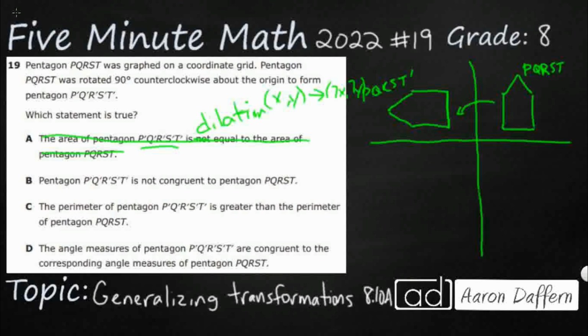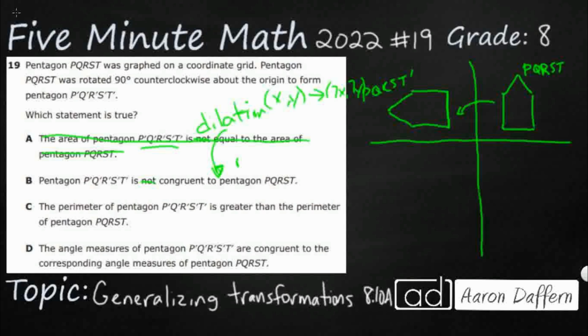All right. So pentagon PQRST prime is not, again, congruent to pentagon PQRST. Once again, if I were to dilate this, then that would be correct.